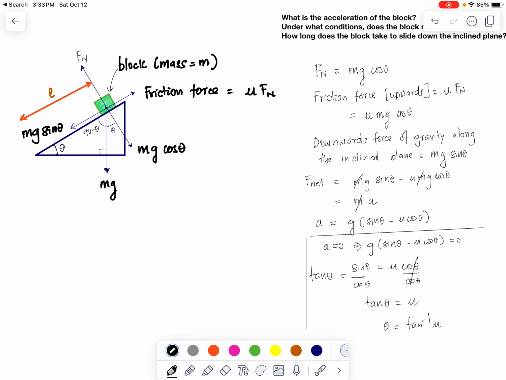So one of the equations we want to add right here is S equals u times t plus half at square, where S is the distance traveled, u is the initial velocity, t is the time, and a is the acceleration.